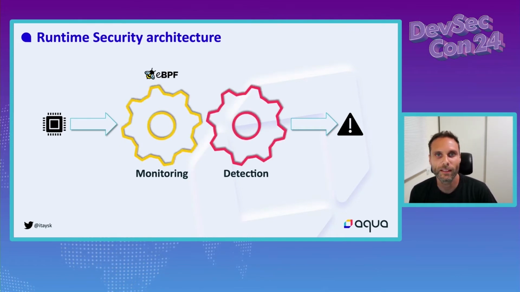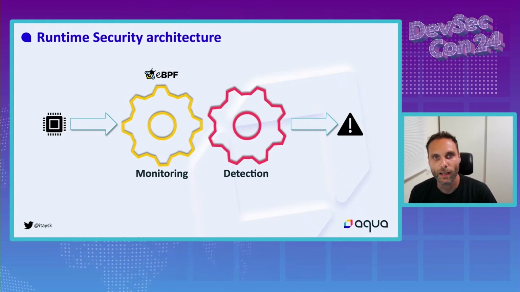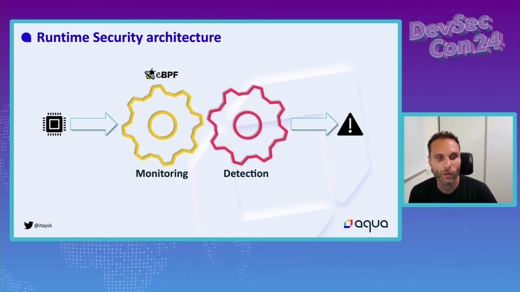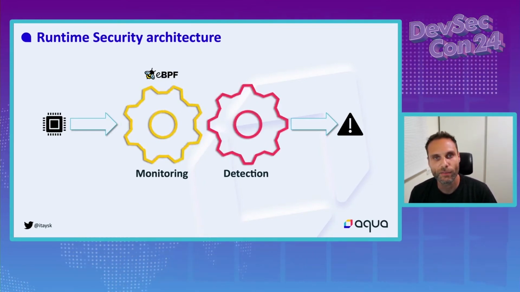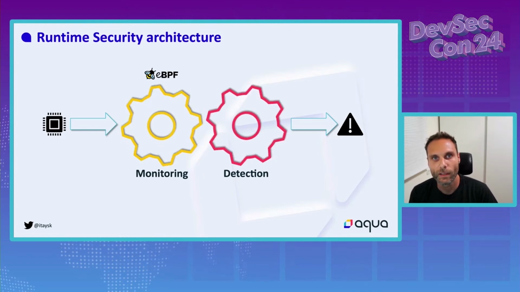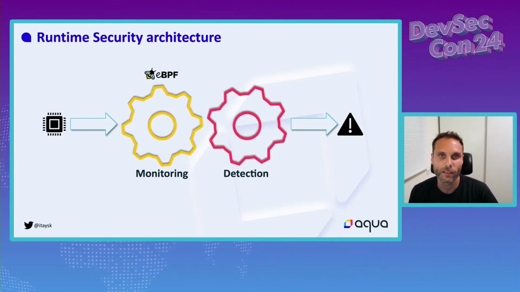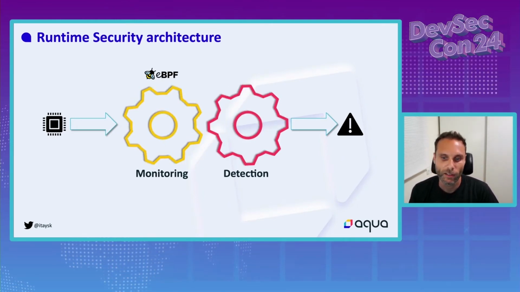This is the uniqueness about eBPF, that it allows us to run our own code there so that we can collect whatever information we might need, and we can do it in a very safe and reliable and performant way so that you will not be affected by overhead. I'll talk a little bit more about eBPF soon.